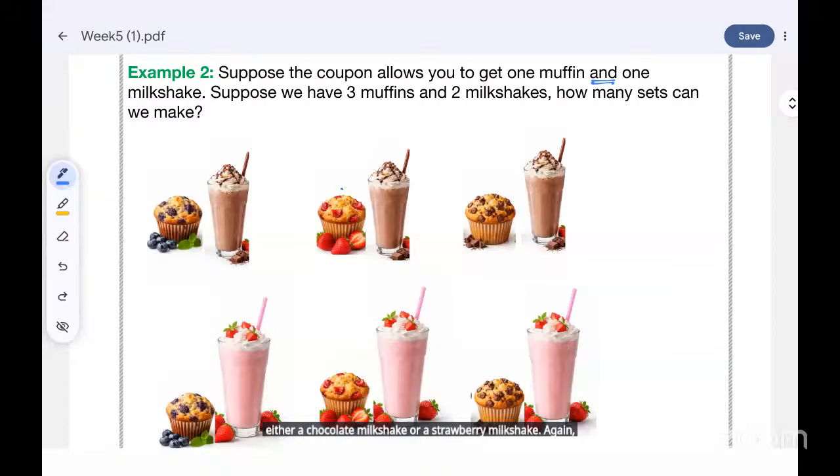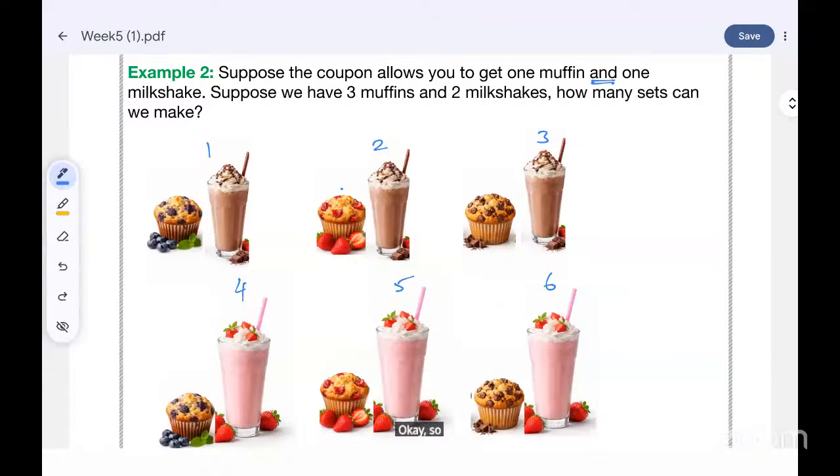Again, with the strawberry muffin, you have these two combinations. Again, with the choco muffin, you have these two combinations. So in each case, you have two different combinations of milkshake, and hence totally 6 combinations are there. So these are the 6 combinations.